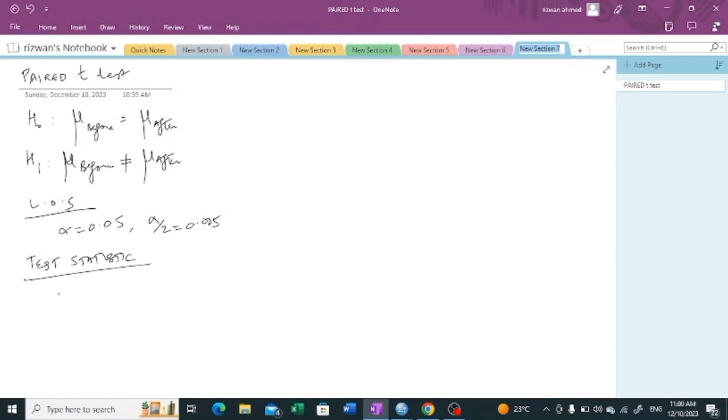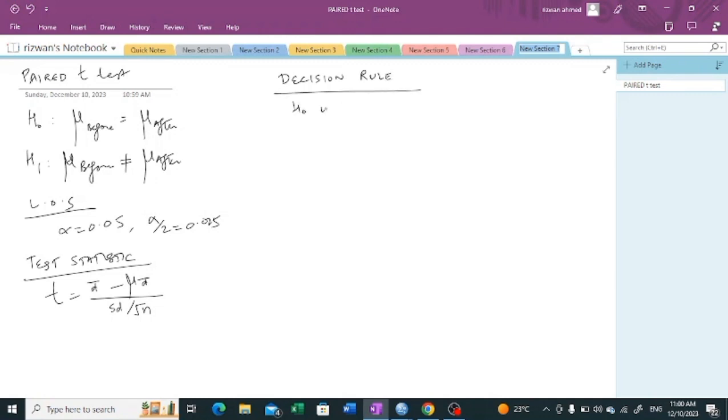Test statistic is T with this formula: mean of the pair differences, that is represented as d bar, minus mu d, which goes 0 as there is no difference we mentioned in H naught, divided by s d divided by root n, and then decision rule or criterion we write down the same way.